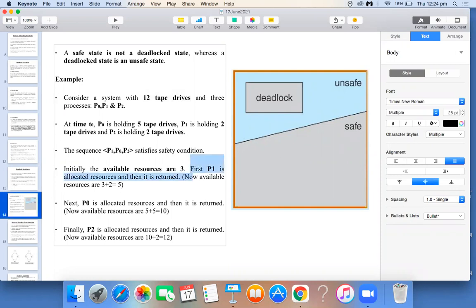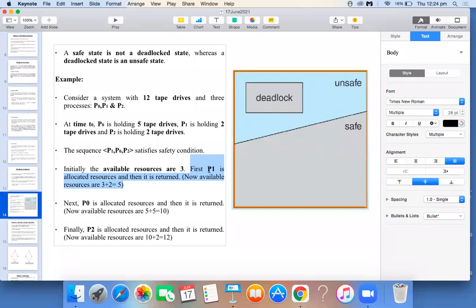Now observe, that's what I have written here. First, process P1 is allocated how many resources? 2 resources we allocate, correct? After the completion of process P1, what does it do? The process P1 will release the 2 resources. Initially, how many resources do we have? We have 3 resources available.